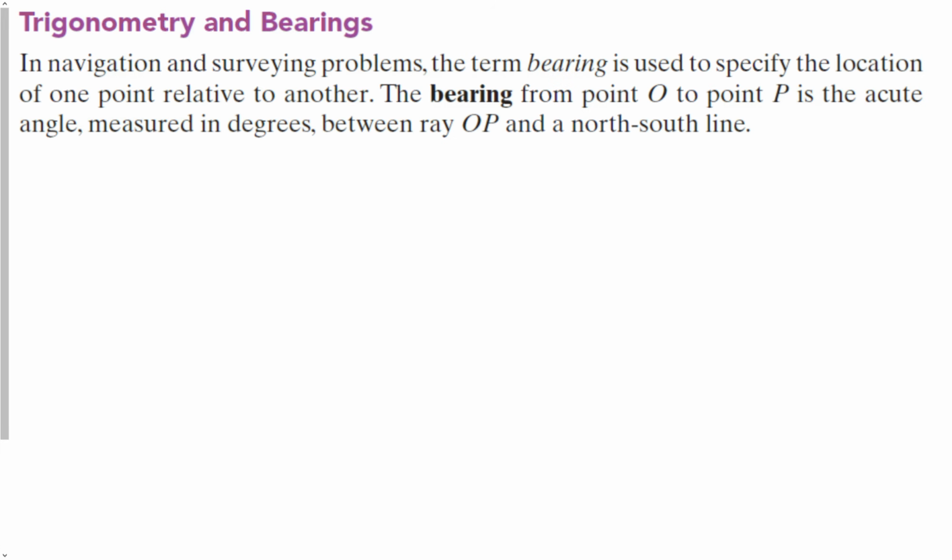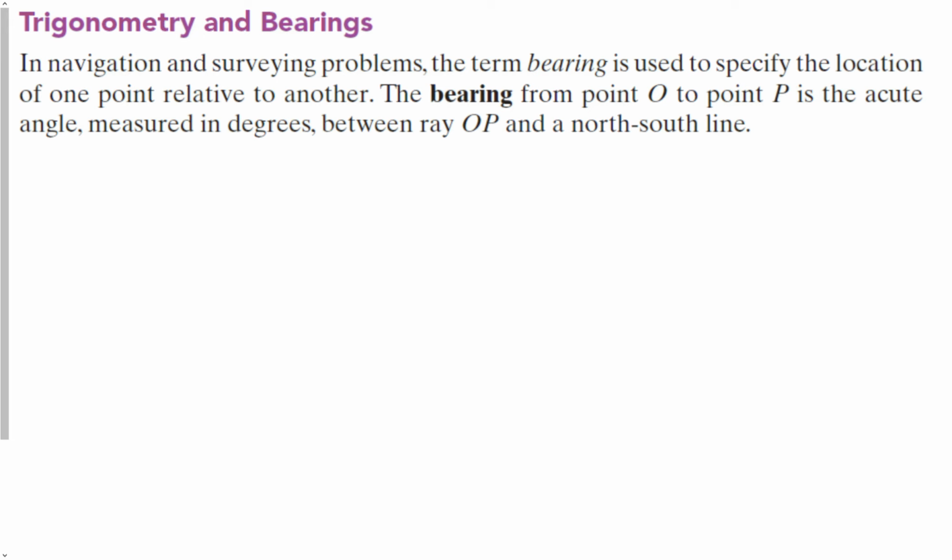Okay, next, trigonometry and bearings. In navigation and surveying problems, the term bearing is used to specify the location of one point relative to another, the direction you're going. We might be a little bit more familiar with a compass and saying that you're going a certain number of degrees on the compass. Bearings are a little bit different.